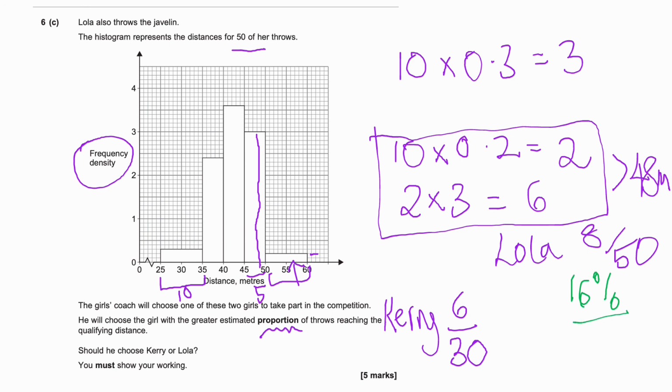So Lola's is 16%. Kerry's, I'm actually going to do on my calculator, or do I need to? If we simplified that down, we could have 1 out of 5, which would be 20%. Actually, we don't need a calculator. So the one with the greater estimated proportion was actually Kerry from the previous slide. So that would be your answer here.